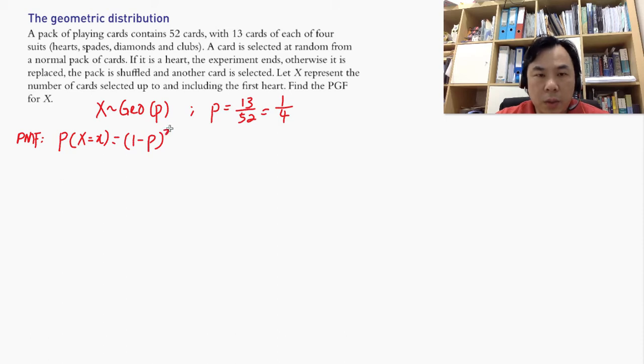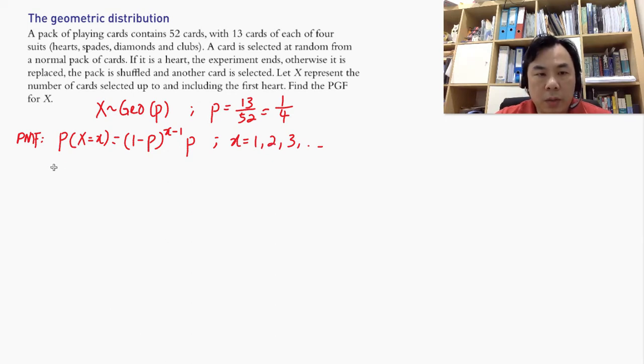So that will be x minus 1 here, and then multiplied by p, whereby x could range starting from 1, it could be 2, it could be 3, and so on. Right. Now, this represents the number of trials before a heart is obtained. So it could be just one trial and you successfully secure a heart, or you fail one time and then obtain a heart, and so on and so forth.